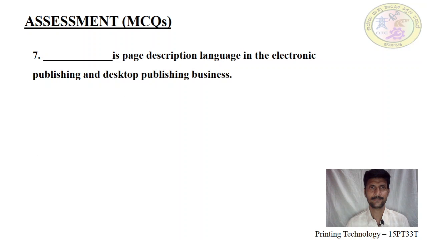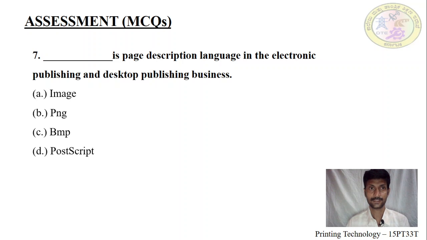Dash is the image description language in the electronic publishing and desktop publishing businesses. Let us see the options. One is image, PNG, BMP, PostScript. It acts as an interpreter.